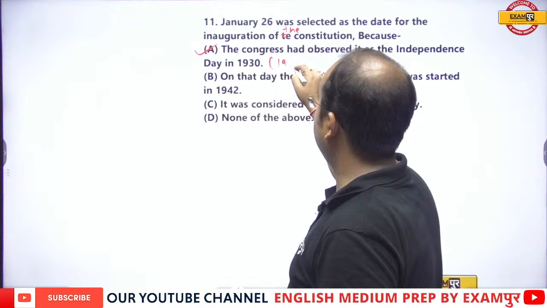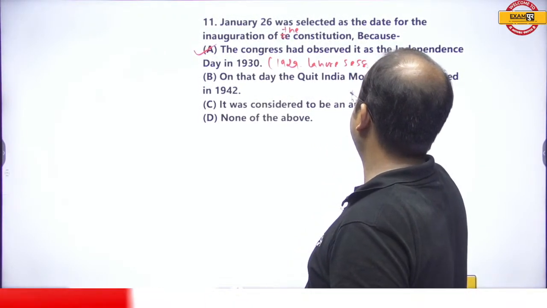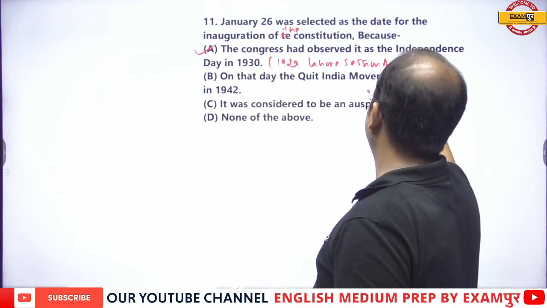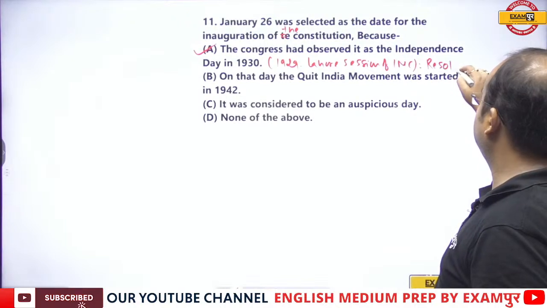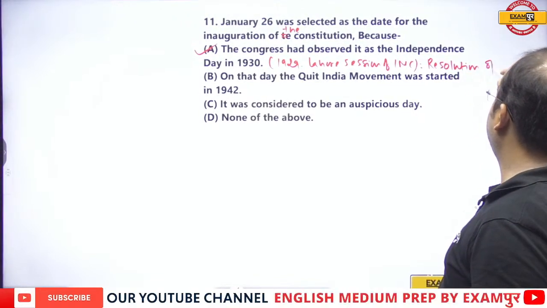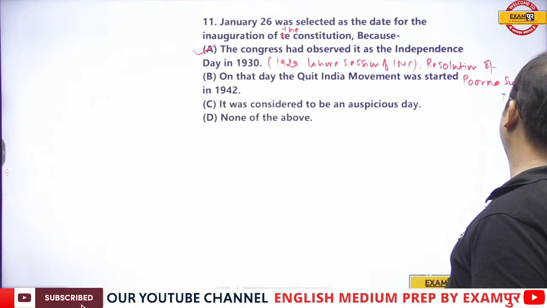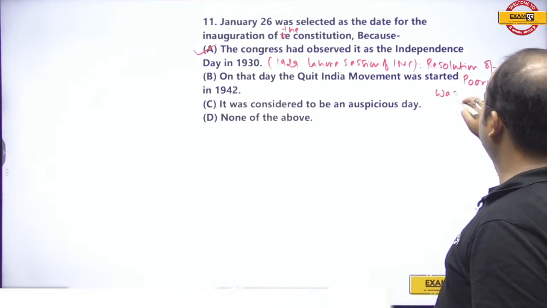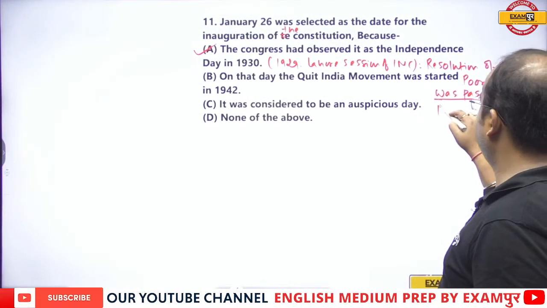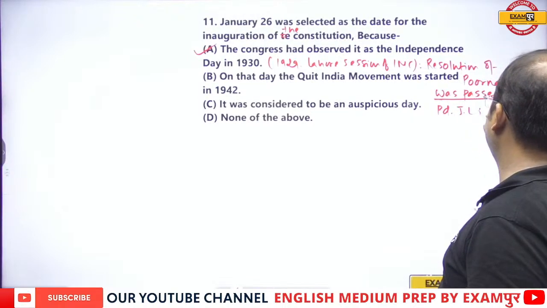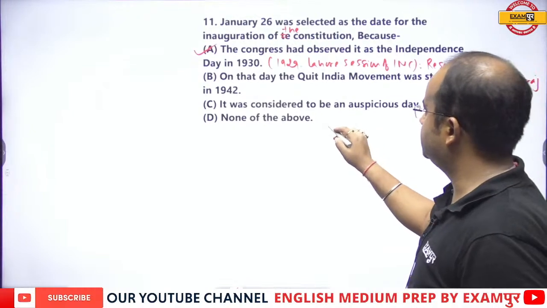That is the 1929 Lahore session of INC, where the resolution of Purna Swaraj was passed. And the president was Pandit Jawaharlal Nehru. And Purna Swaraj means complete independence.